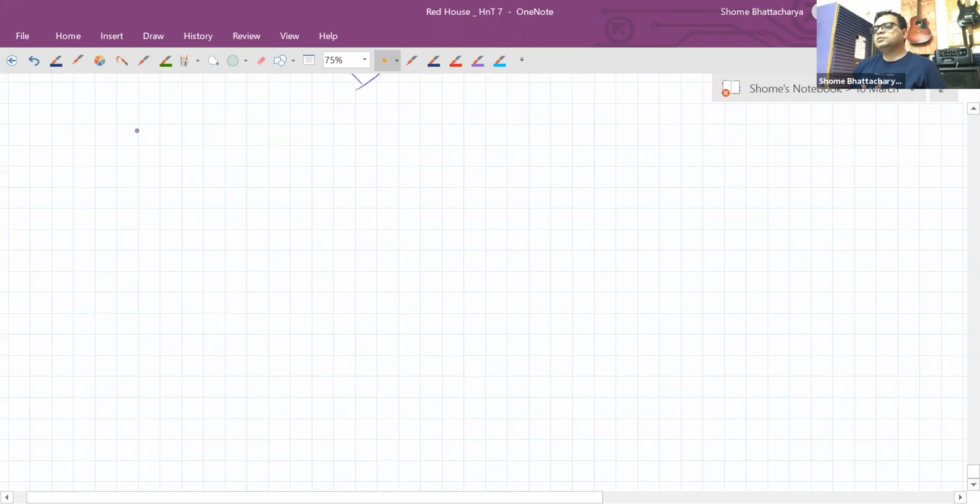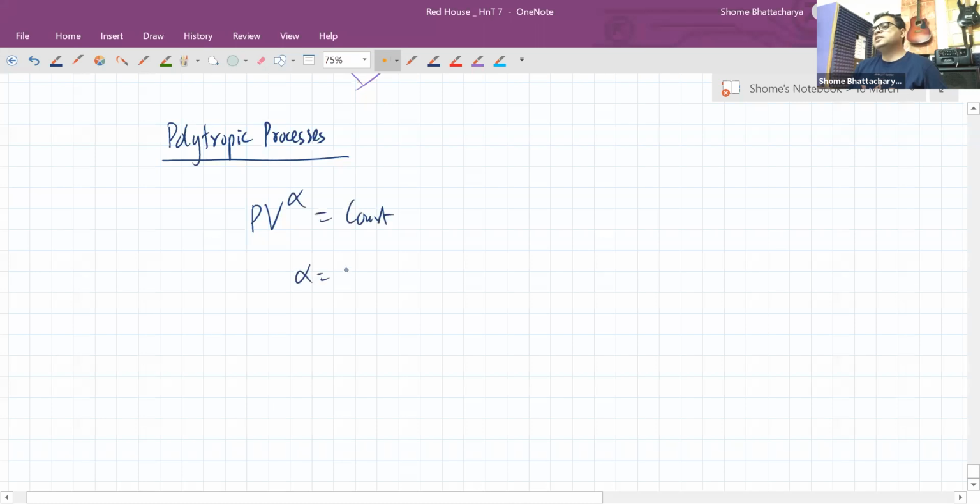Now next up, in heat and thermodynamics, we will be doing polytropic processes, which is basically like a family of curves in the PV space. So PV to the power alpha is constant, where alpha is any real number.